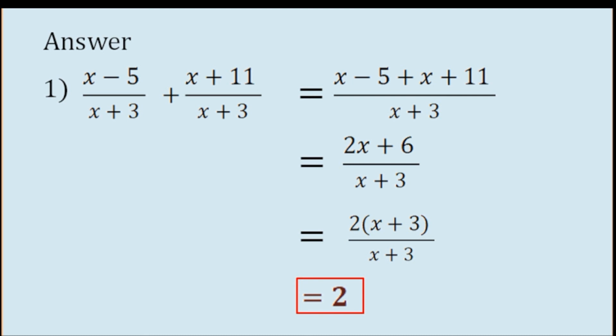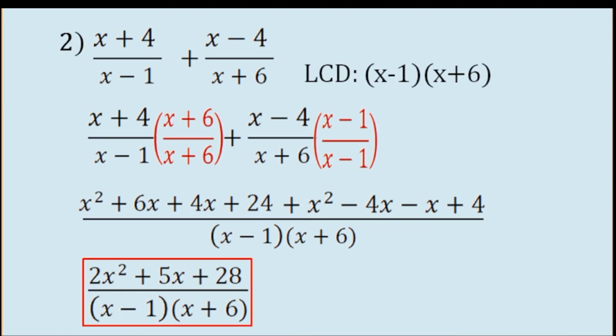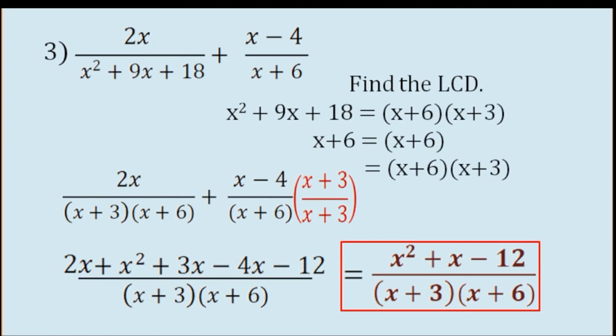The answer is only 2. Then for item number 2, I have here also the details. Our final answer is 2x squared plus 5x plus 28 over x minus 1, x plus 6. And item number 3, this is our answer, x squared plus x minus 12 over x plus 3 and x plus 6.